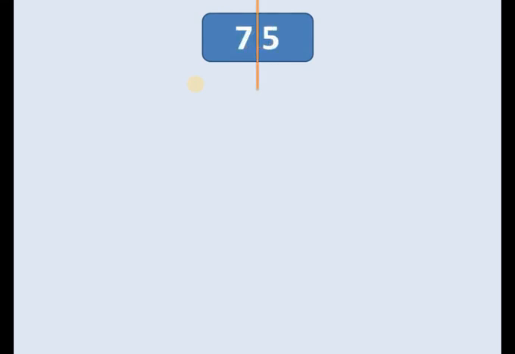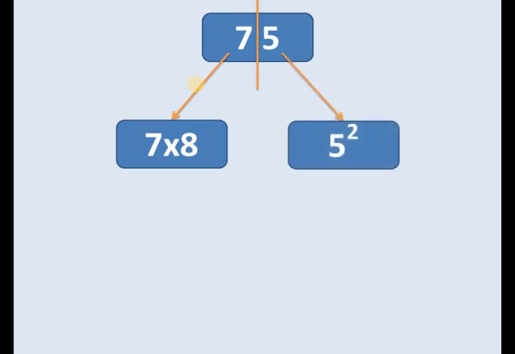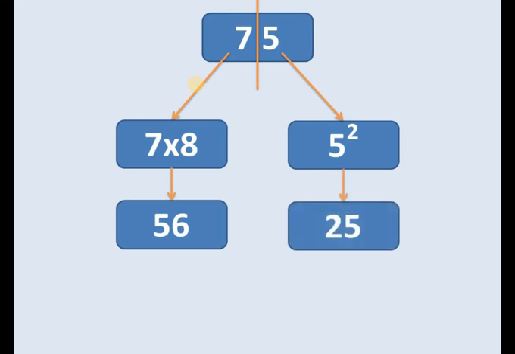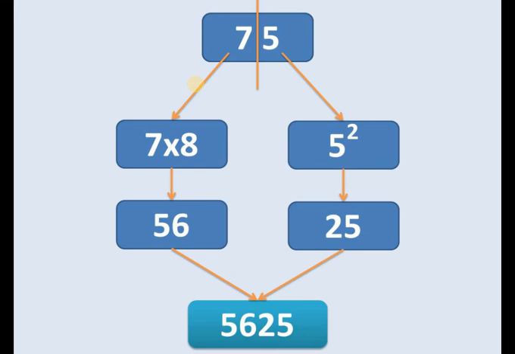This time, to calculate the square of 75. Let's separate 7 and 5. So 7 will be multiplied by the number next to it, which is 8, and 5 will be squared. So 7 into 8 is 56 and 5 square is 25. So the square of 75 is 5625. Let's do one last example.